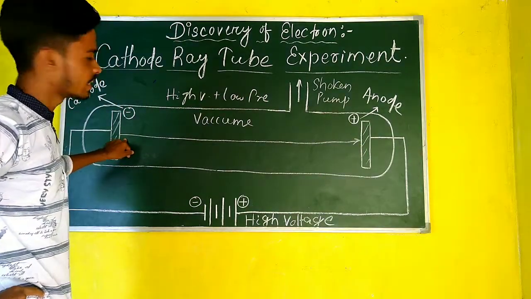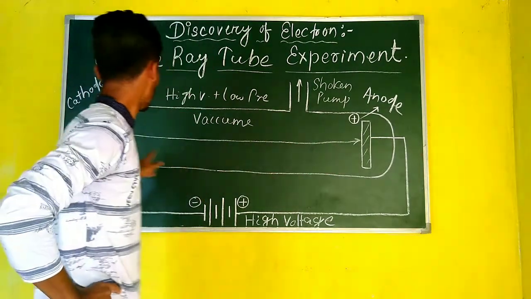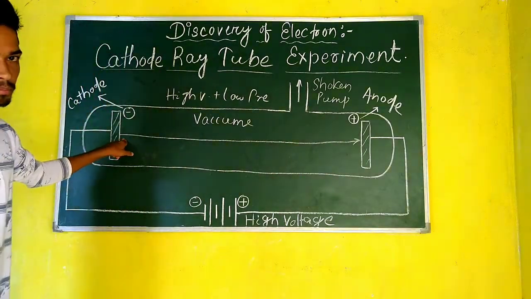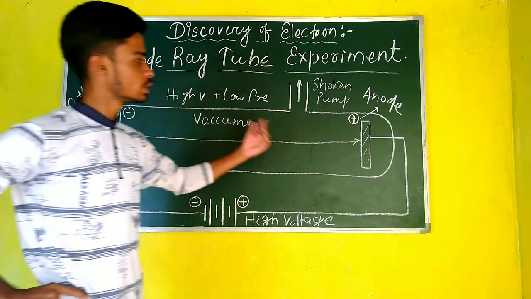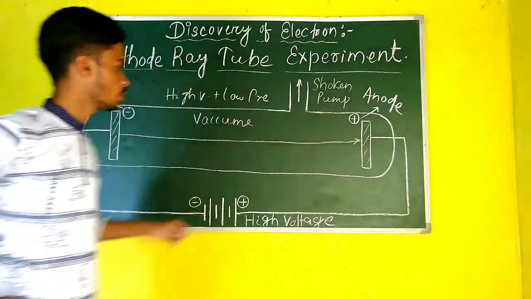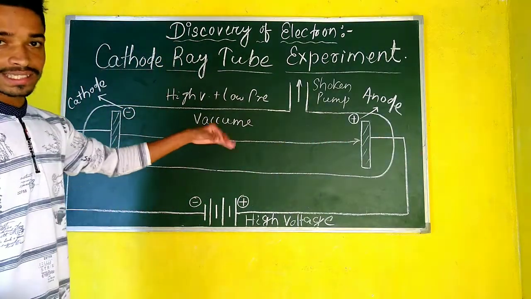One ray travels from the cathode side to the anode side. One beam from the negative side is attracted towards the positive side. So this ray travels in a straight line.